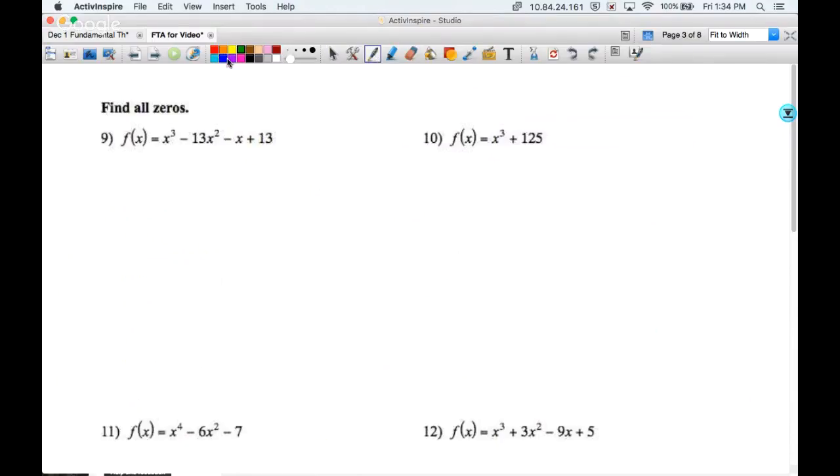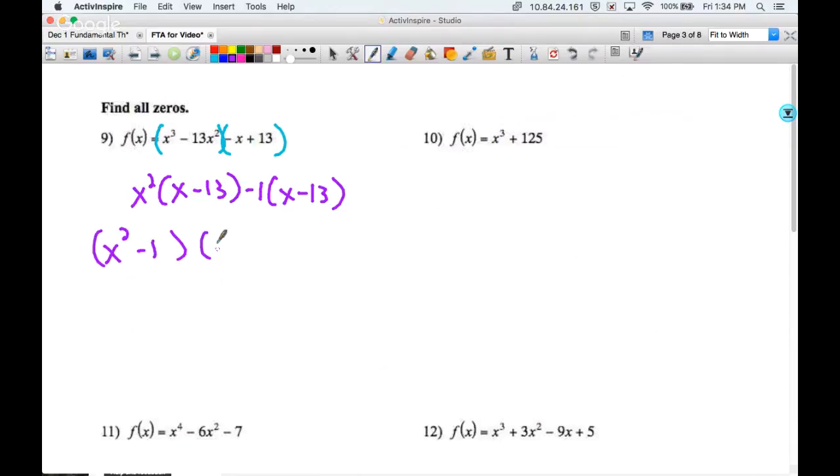Finding the zeros. Pretty much every one of these is a different factoring technique. Number 9 here, we want to factor by grouping. The greatest common factor is an x squared, leaving behind an x minus 13, and then 1, leaving behind an x minus 13. We regroup: x squared minus 1, x minus 13.